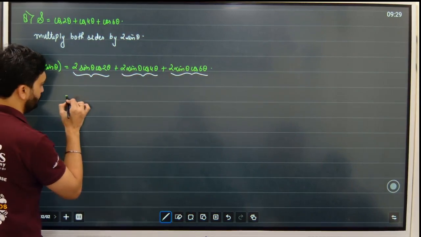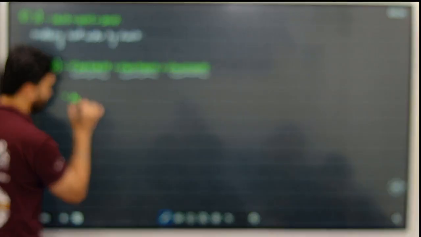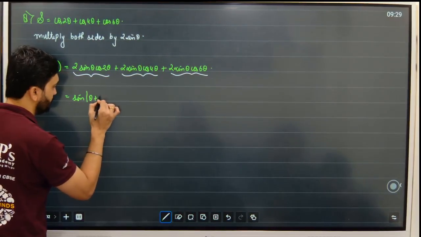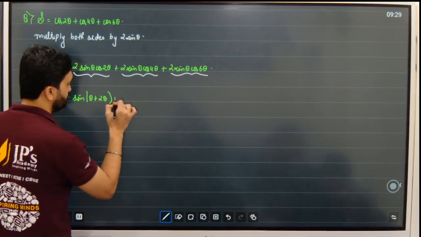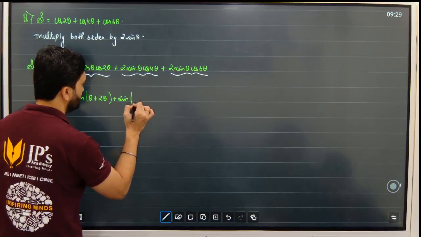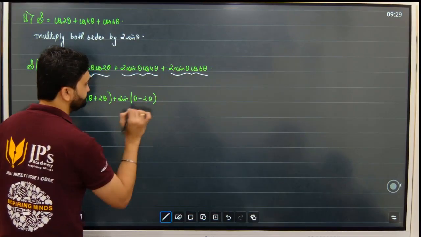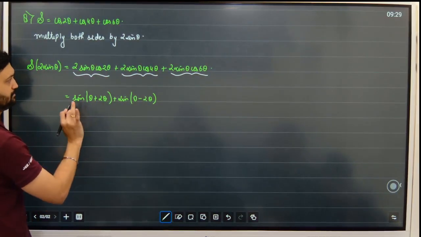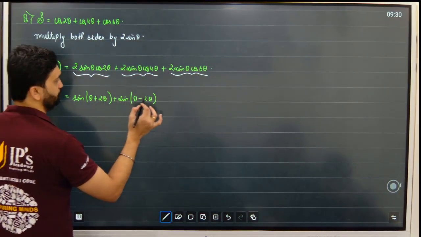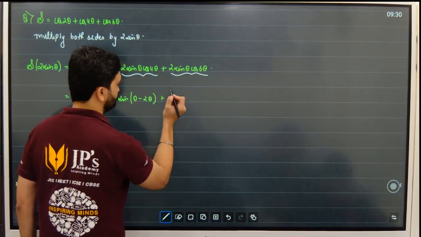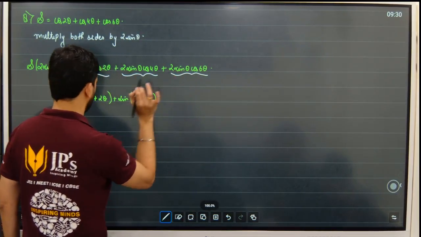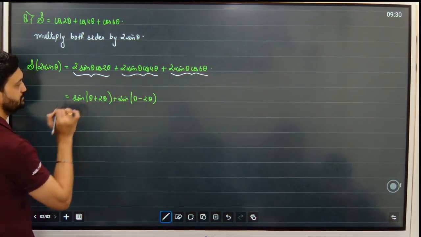When I put the formula for 2 sin A cos B, it will become sin A plus B plus sin A minus B.